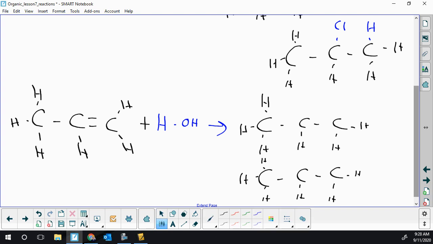First option, I'll add it in the same sequence that I wrote it at the beginning, H and then OH. So propan-1-ol, or the OH could have added there, propan-2-ol. Okay. Make sure when you go to draw it both ways that they have two different names.